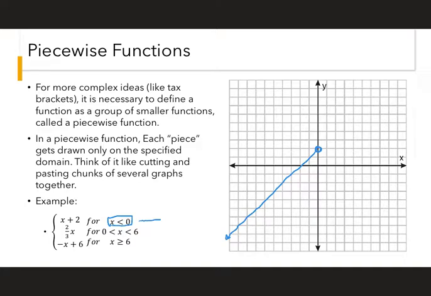Okay. Then I'm going to graph 2/3 x for between 0 and 6. So here's my function. It goes through 0, 0. It goes up to right 3, up to right 3, up to right 3. So I've got this function. Okay. And then we're going to look at our restrictions.